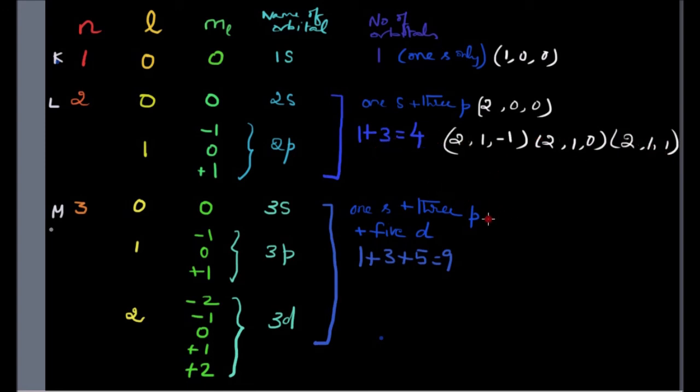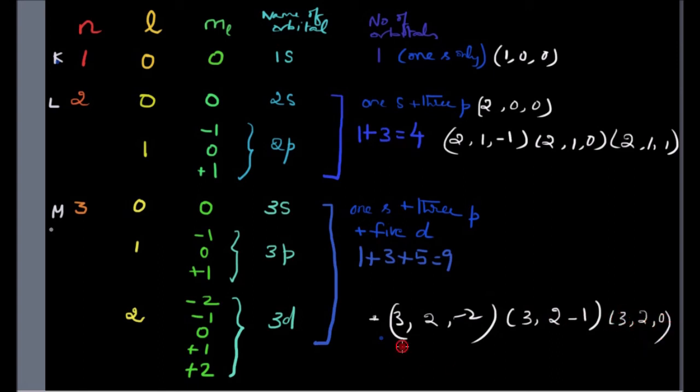And you can write for these two, I will show for the D subshell now. You can write the quantum numbers of the D subshell as 3, 2, minus 2, 3, 2, minus 1, 3, 2, 0, 3, 2, plus 1, 3, 2, plus 2.